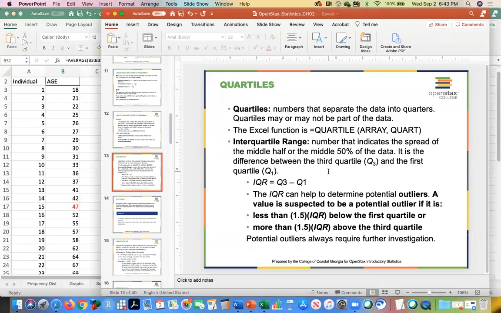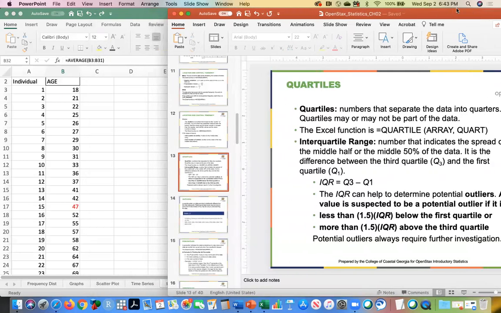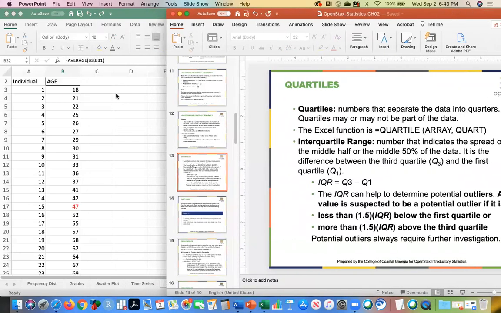A quartile is a number that separates the data into quarters: 25% of the data, 25%, 25%, 25%. So we have four different quarters. Quartiles might or might not be part of the data. In some cases, the number I'm looking for might not be in the data, but it represents the first quarter, the second quarter, the third quarter. You can do it by hand, but that is not what we are going to do today.